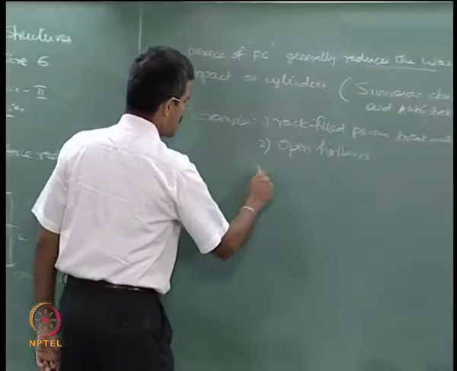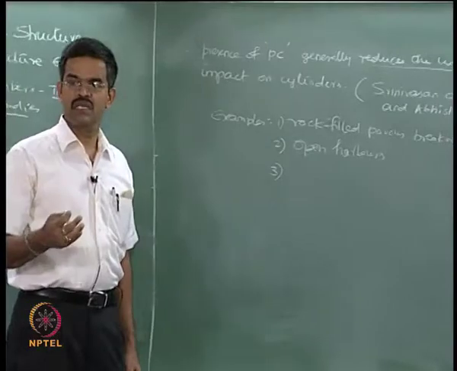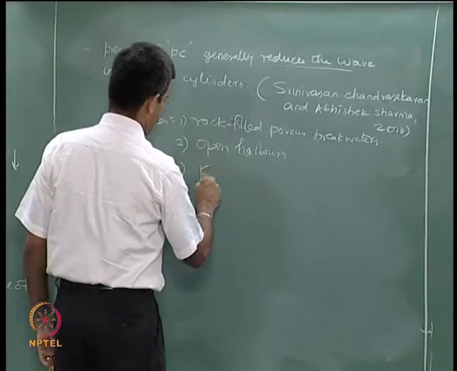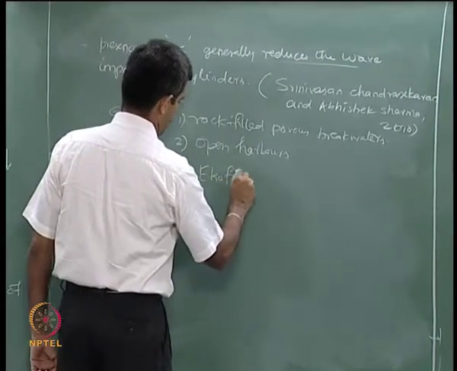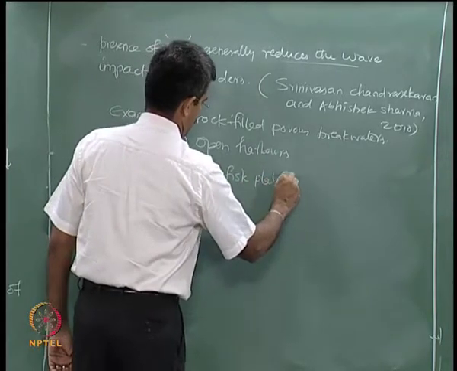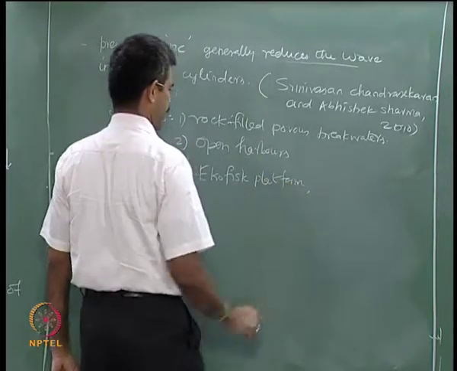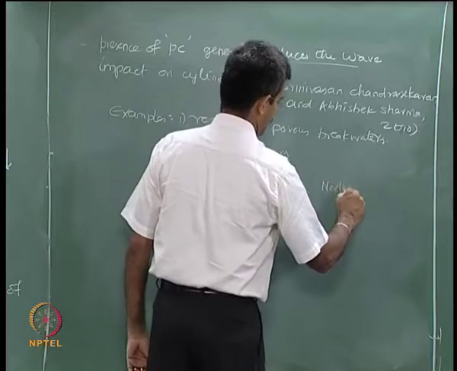We have another classical example of a gravity based structure, which is the Ekofisk platform. It is a gravity platform constructed in the North Sea.